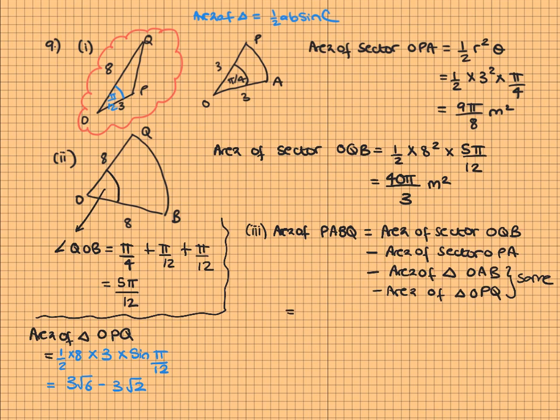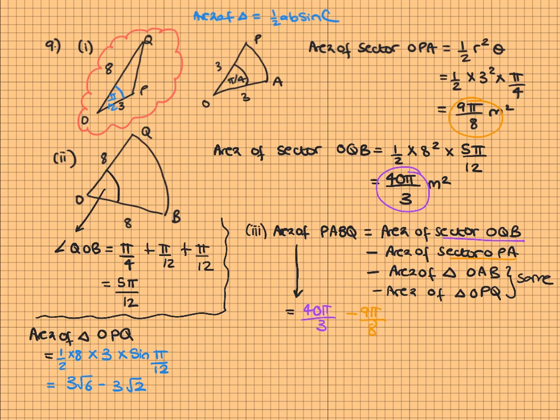So let's put this all together to work out the area of the flower bed. So the area of the sector OQB, well that was here, it's 40 pi over 3. Now the area of the sector OPA, that's over here, so we want to subtract 9 pi over 8.